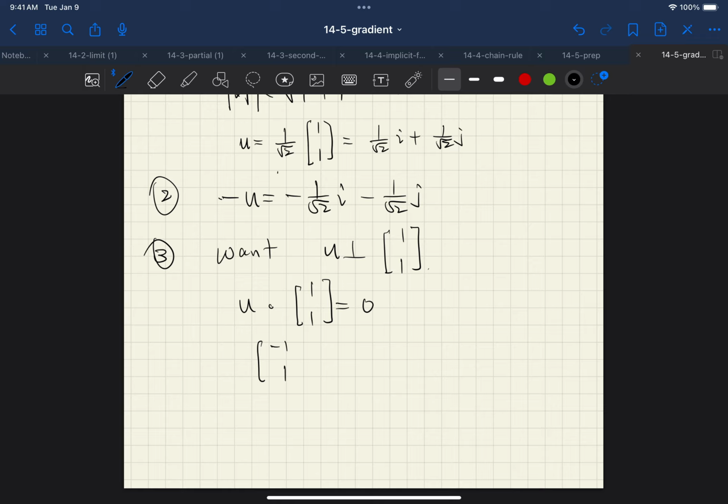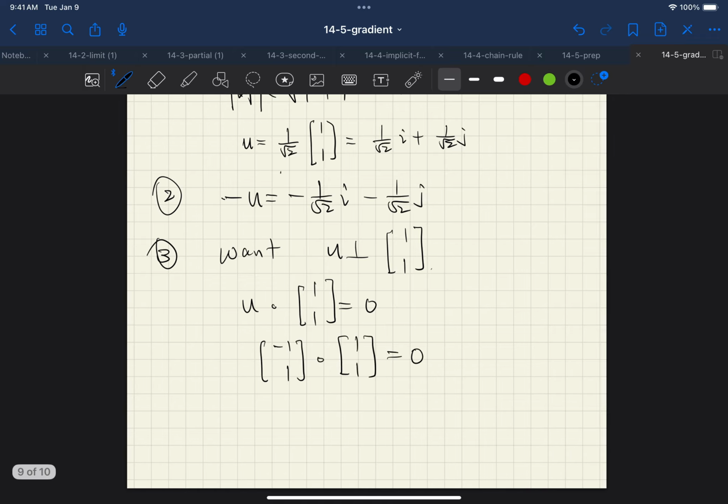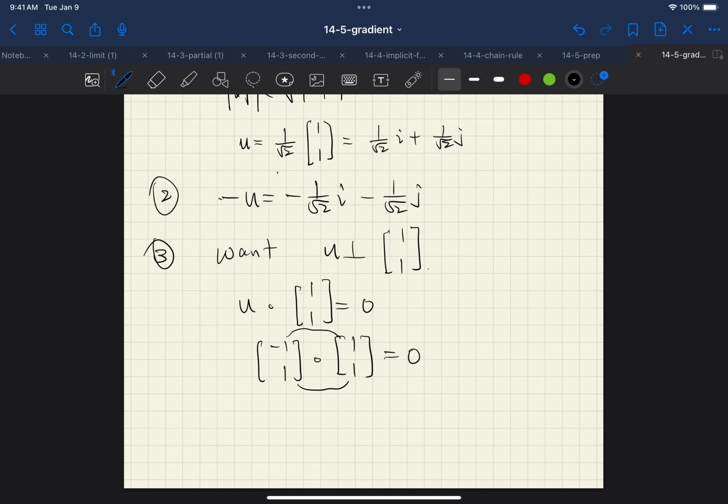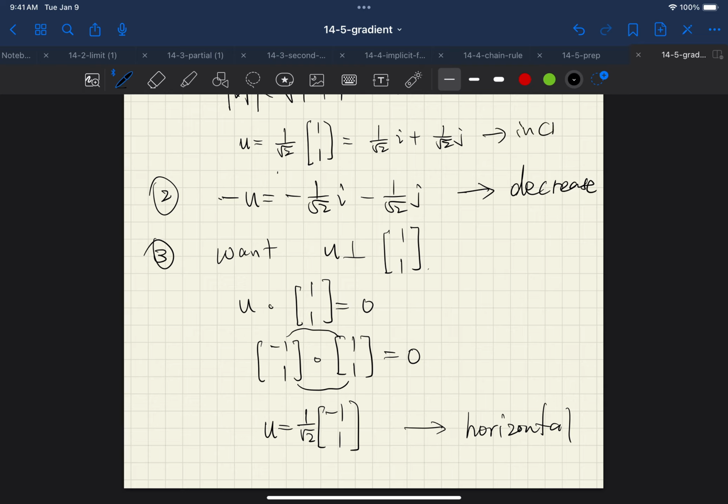We saw that (negative 1, 1) dotted with (1, 1) gives 0, because this is negative 1, this is 1. So can we suggest u equals (negative 1, 1)? Not yet, because this is not unit length. We have to multiply by 1 over square root of 2. This way, we go horizontal. And this way, we decrease most rapidly. This way, we get increase.